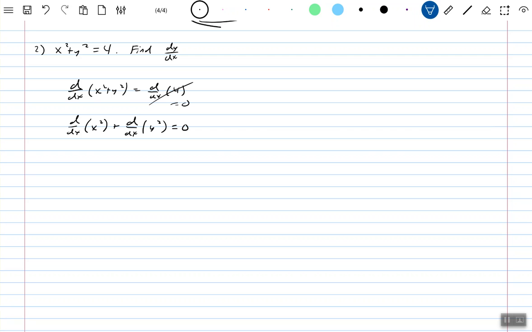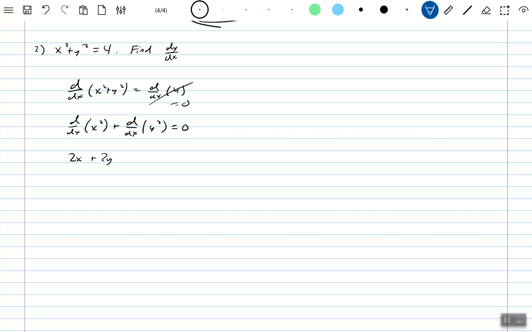Now, the derivative of x squared, that's the exact same way we'd always do it. That's just going to be 2x, right? Now, what about the derivative of y squared? Well, y is a function of x, so we have to use the chain rule. So we take the derivative of the outside, leave the inside alone, then take the derivative of the inside. And right here, the outside is y, and we have it squared. So when we differentiate it, we just got to use the power rule.